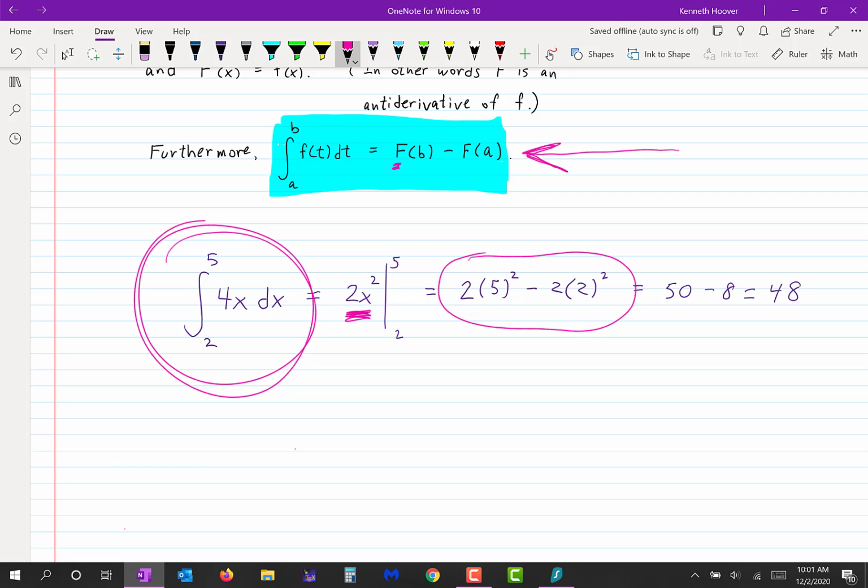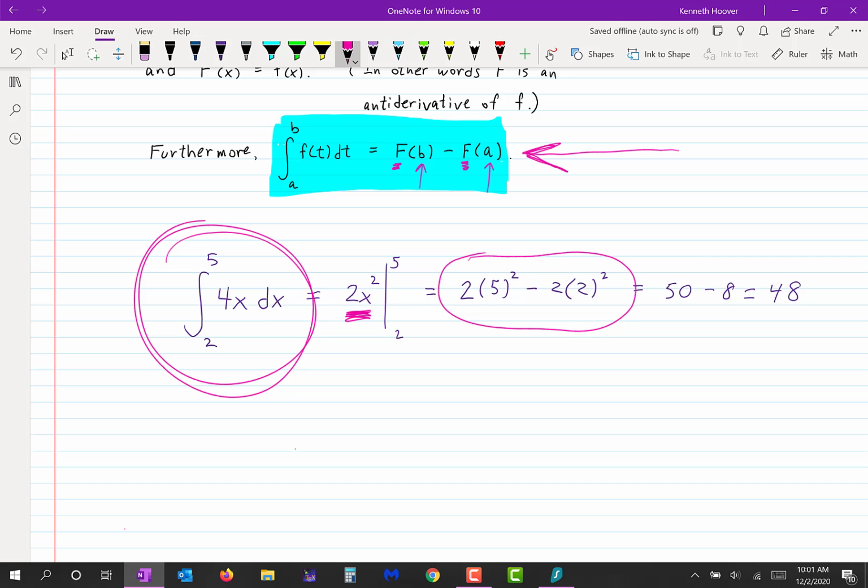Here's the antiderivative. There's the 5, and there's the 2. So what we did today is we just saw the proof of why that is the correct way to do a definite integral.